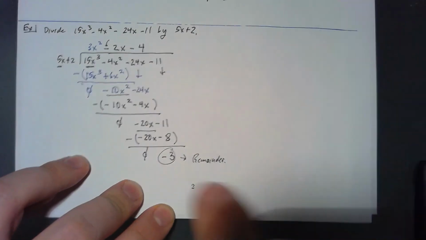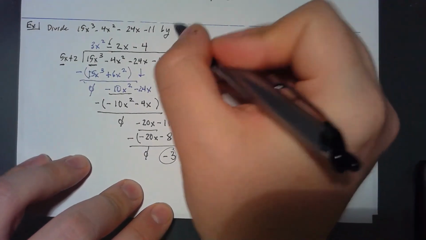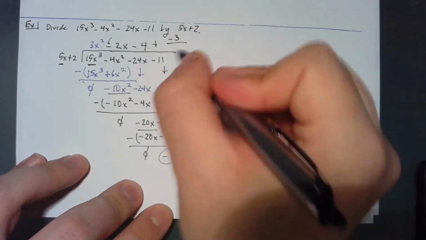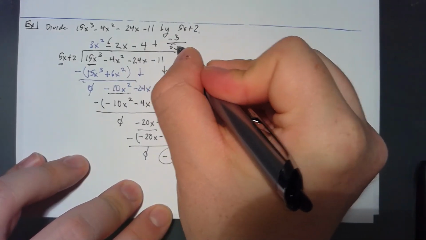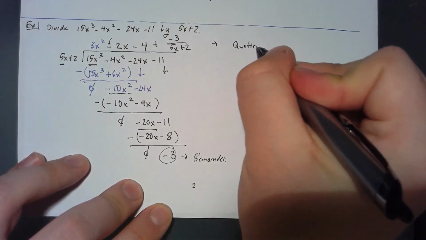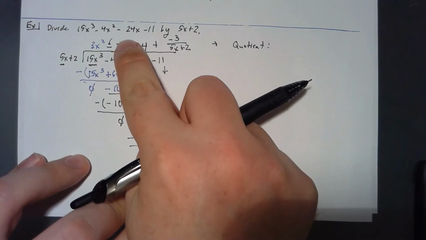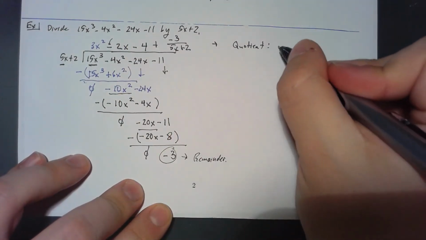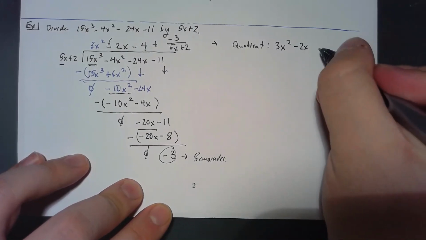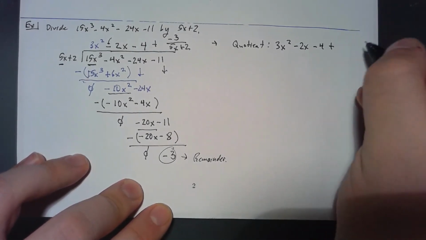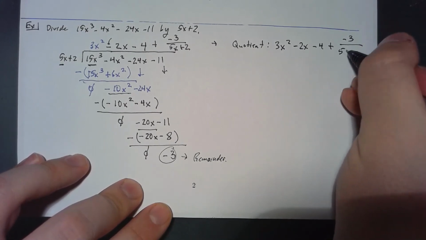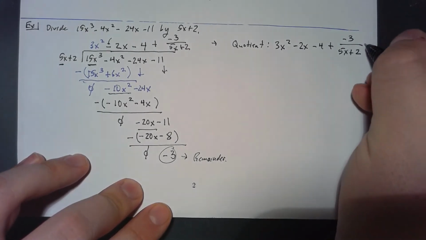So my quotient, I'm going to write plus negative 3 over 5x plus 2. So when I divide this polynomial by 5x plus 2, I get 3x squared minus 2x minus 4 plus negative 3 over 5x plus 2.